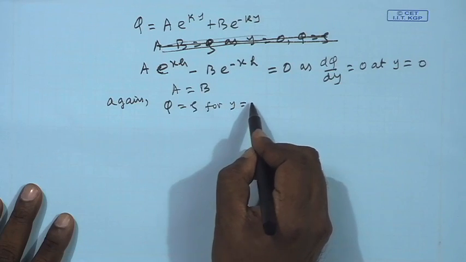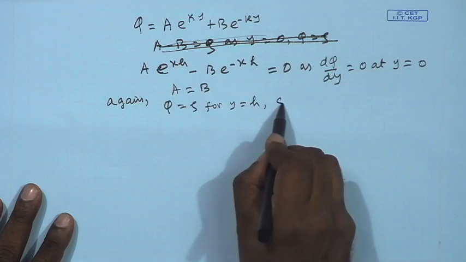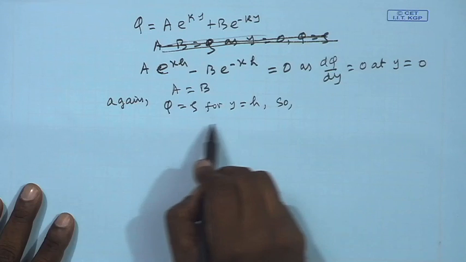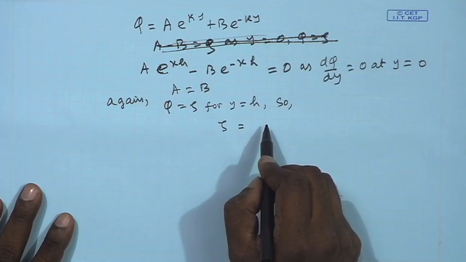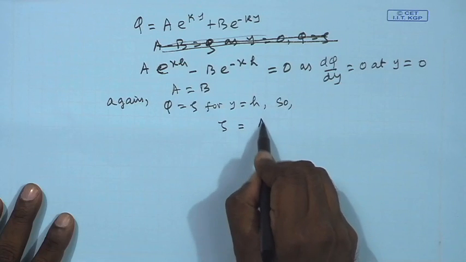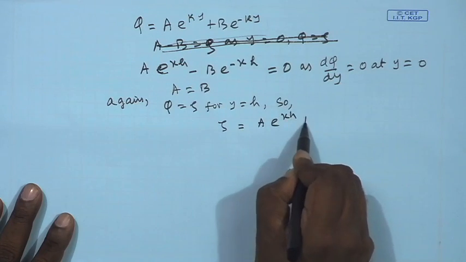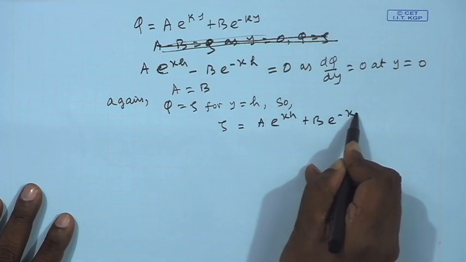So, zeta equal to A e to the power kappa h plus B e to the power minus kappa h.